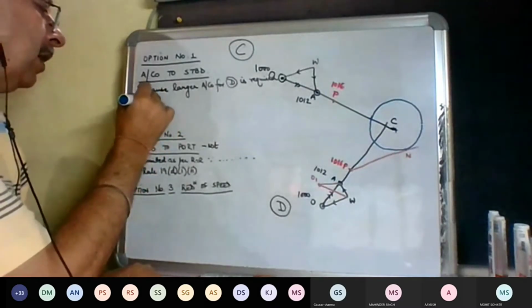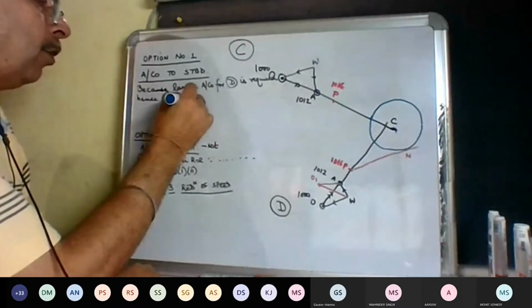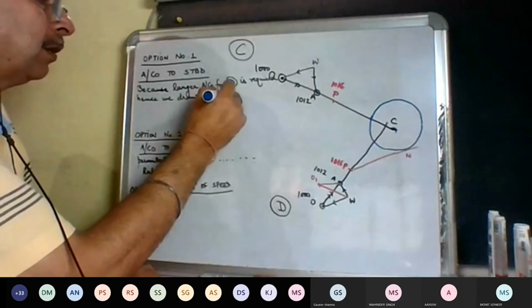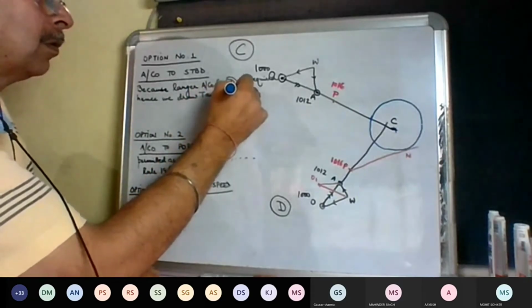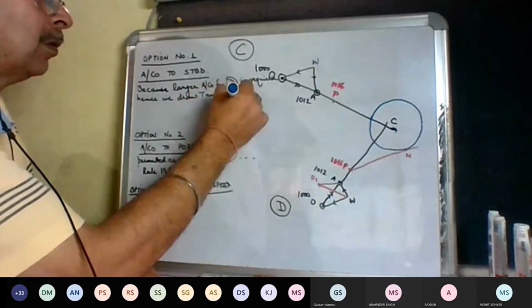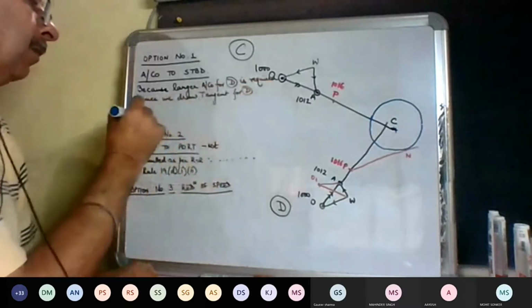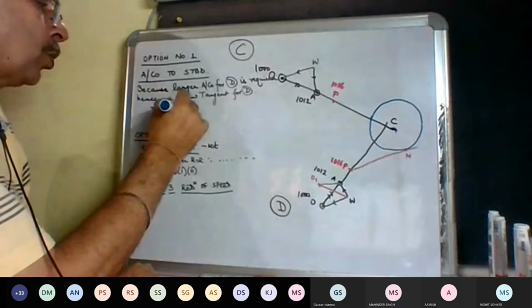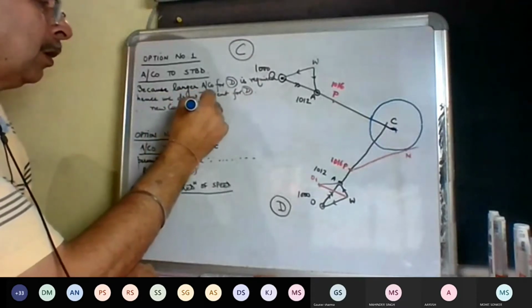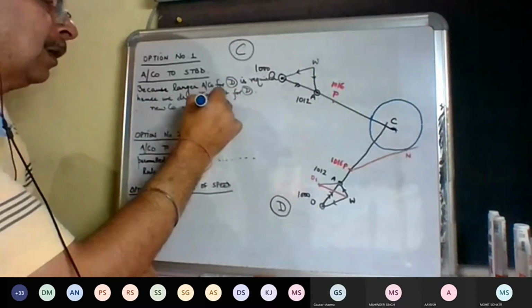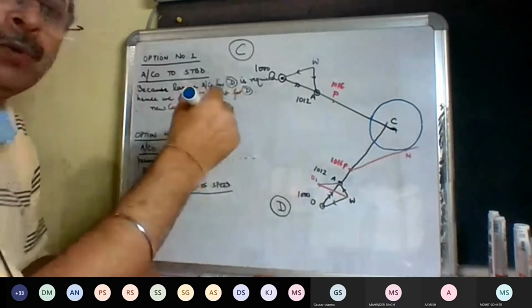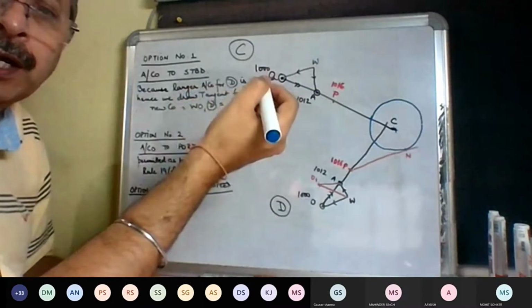Hence, we draw tangent for delta. Therefore, new course WO1 for delta is equal to whatever course you're getting.